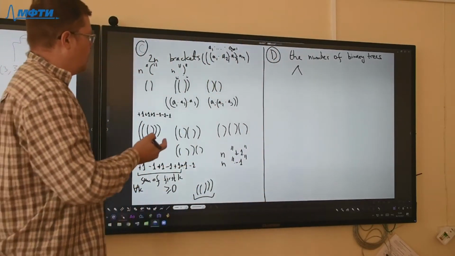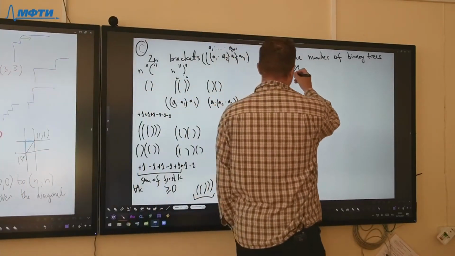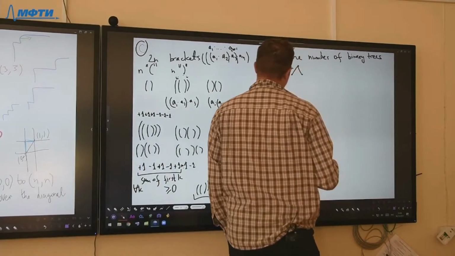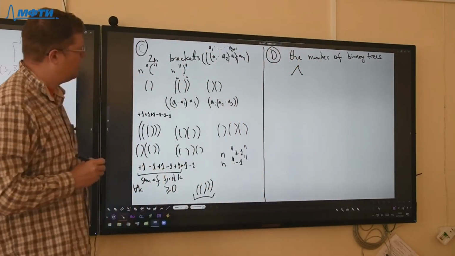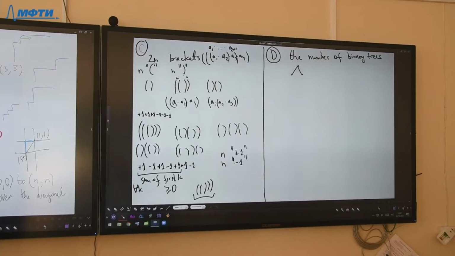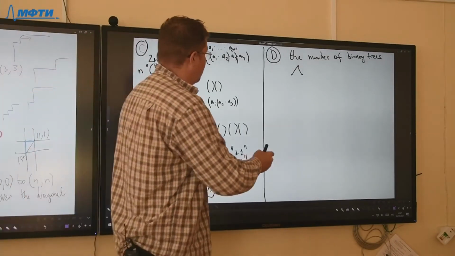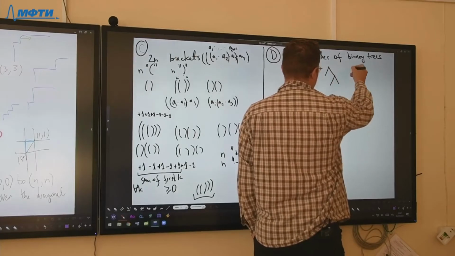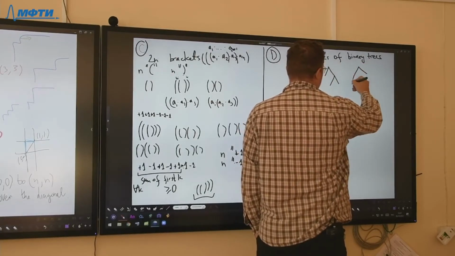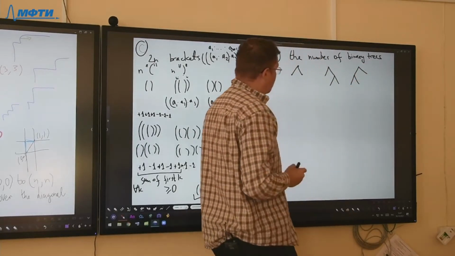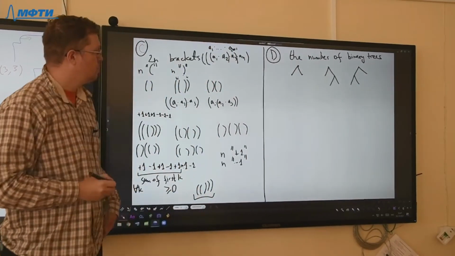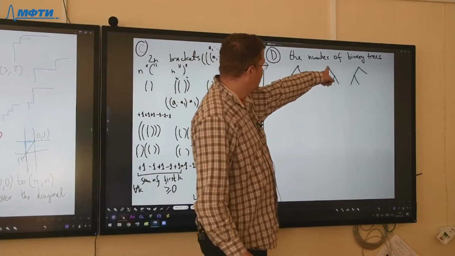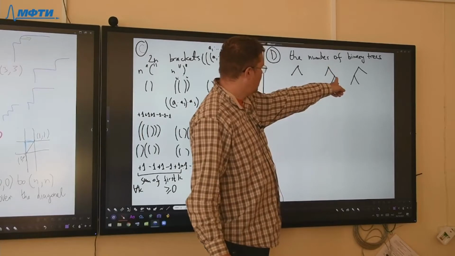So, for example, if you have, I don't know how to call it, depth or height. Height 1, you have this tree. If you have height 2, first, you can do these two pictures. So in each vertex, I have two edges going down or 0.